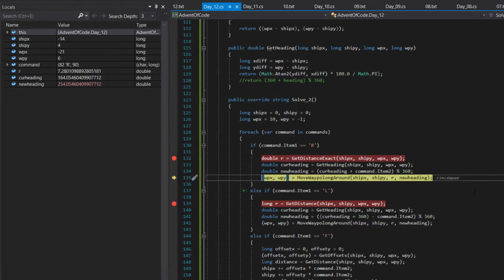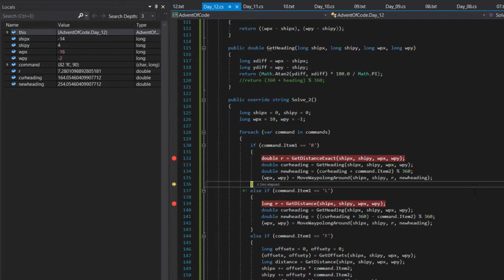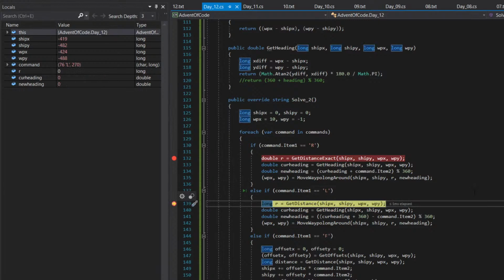So we are going to the right, so we should be going north. So WPY, we are north. That looks right. Okay. 270.